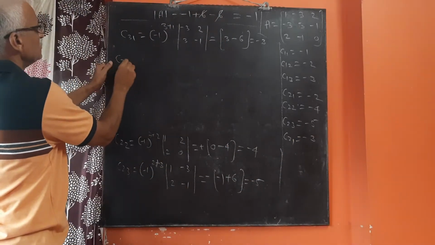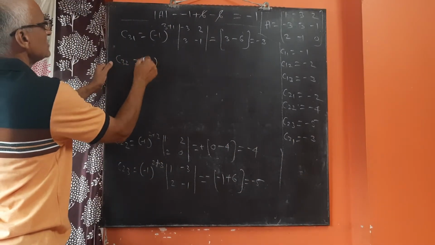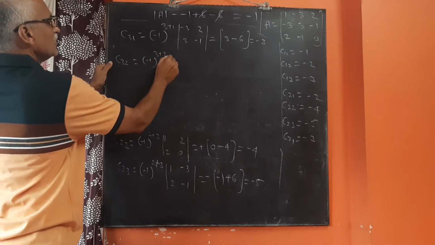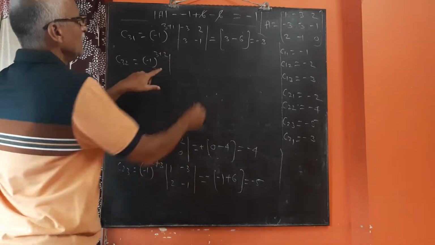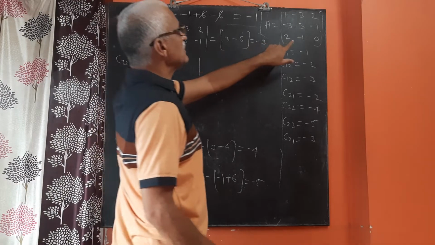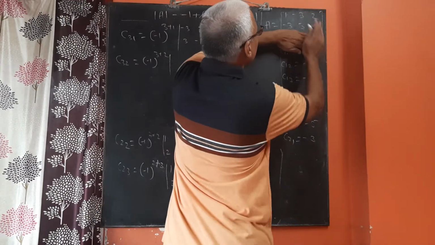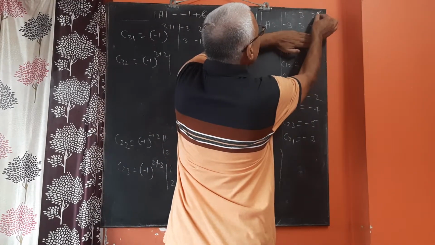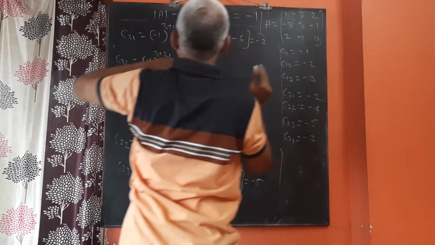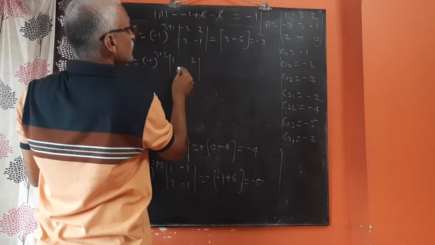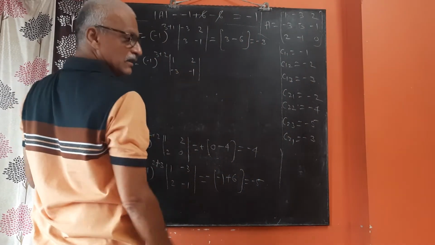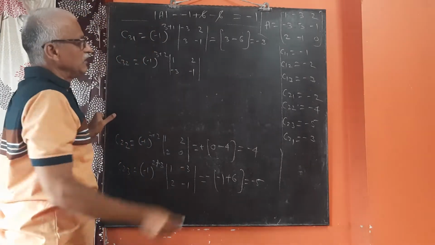Then C32 is equals to minus 1 raised to 3 plus 2, that is 5, into determinant of C32. C32 means this one. This row and this column gone, 1 2 minus 3 minus 1. That is simplified.